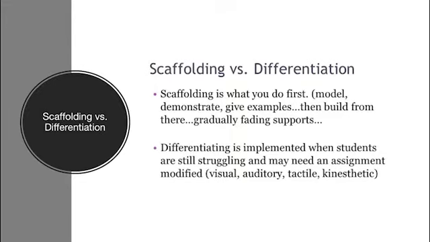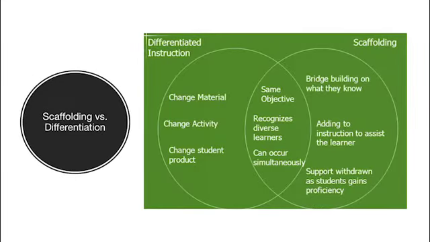Differentiation refers to the idea of modifying instruction to meet students' needs and learning styles. Scaffolding is often directed at individual students, while differentiation can often be pre-prepared work done for small groups. In reality, differentiation and scaffolding strategies overlap, but they have the same ultimate goal: increasing student success.